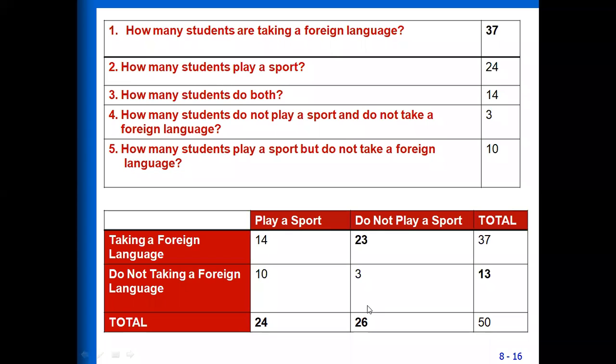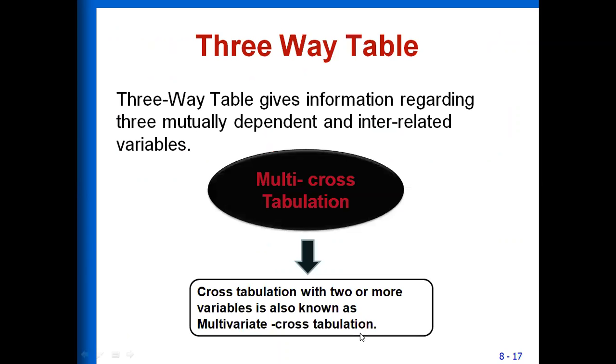Then it is given that 3 students do not play sport and they do not take foreign language. These are 3. Total is 13. And this can be calculated: 37 plus 13 is 50, and 23 plus 3 is 26.